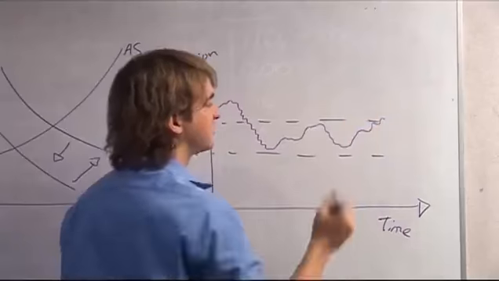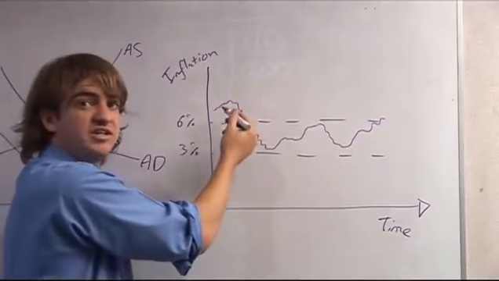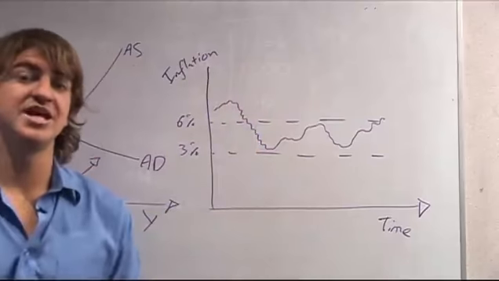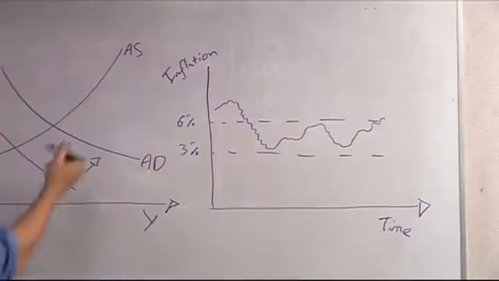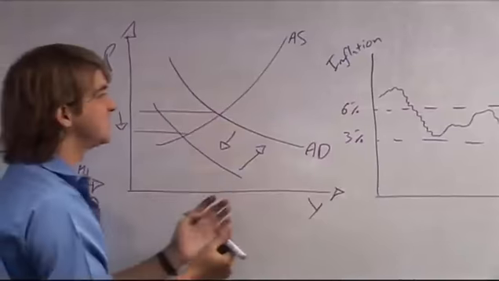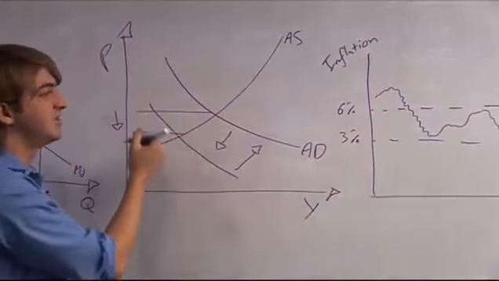What do you think the reactions were at each stage? At a point such as this, they were increasing the repo rate. When they increase the repo rate, that decreases investment and decreases consumption, shifts this curve downwards, and decreases the price. So as you can see, by increasing the repo rate, they can shift this AD curve downwards and decrease the price.